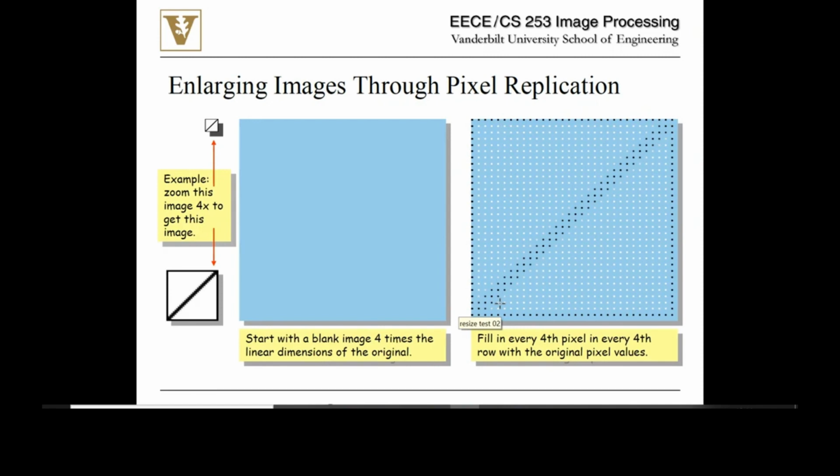And I could do the following process. I start with an empty canvas where I have zeros everywhere. And then this pixel here will be the 0, 0. So the origin will stay in the same place. So 0, 0 in my image, 0, 0 in my canvas.